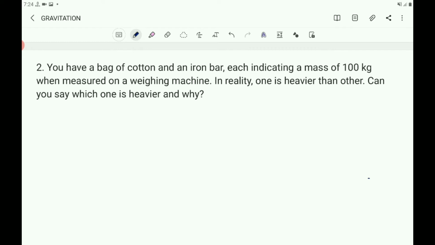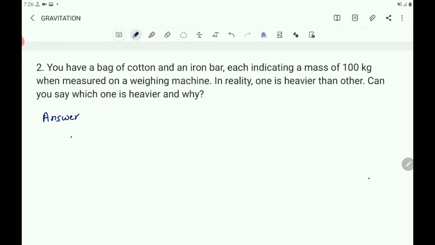So you can say that the iron bar is heavier than the cotton bag because the iron bar will have lesser surface area and exert more pressure on holding. So you write the answer: iron bar is having more density, or you write iron bar is heavier than the cotton bag.